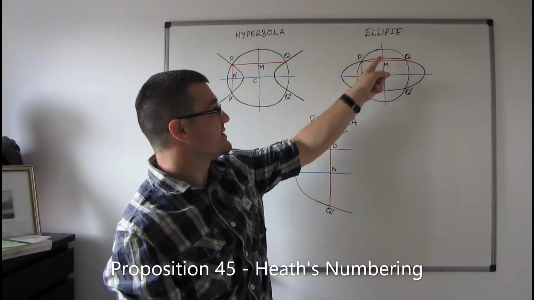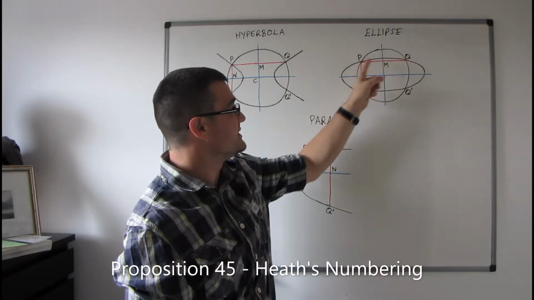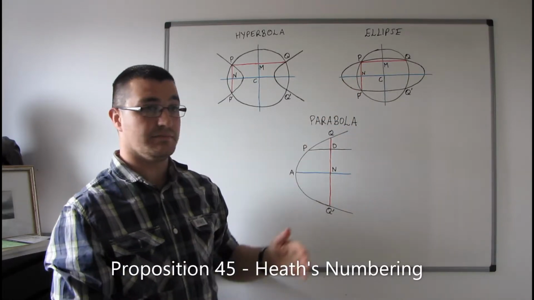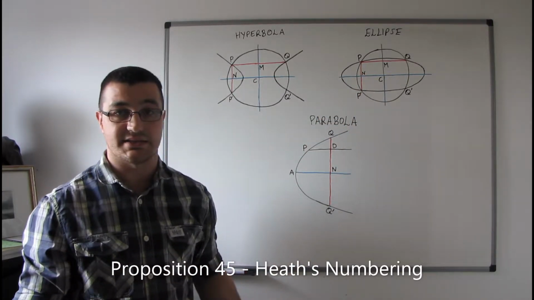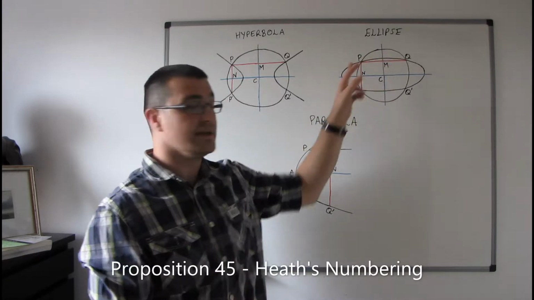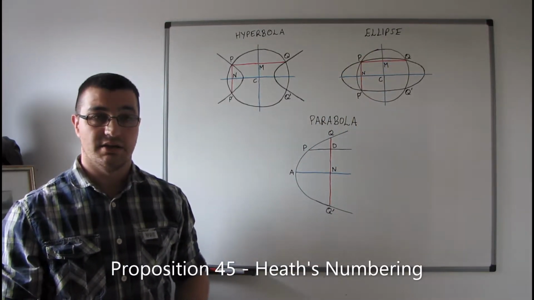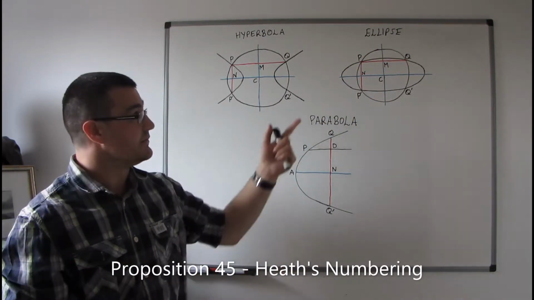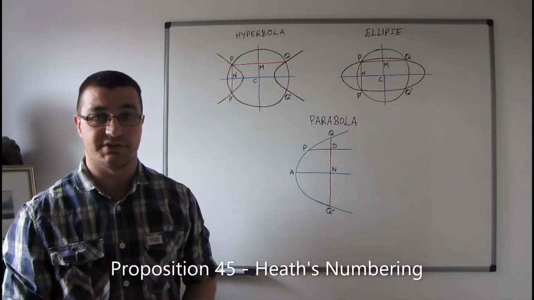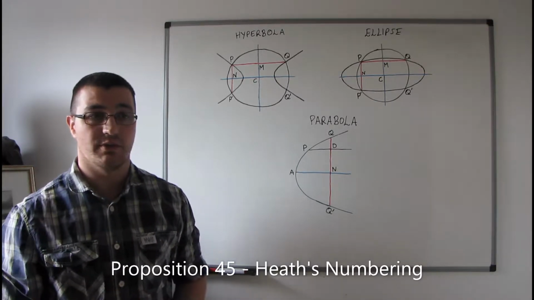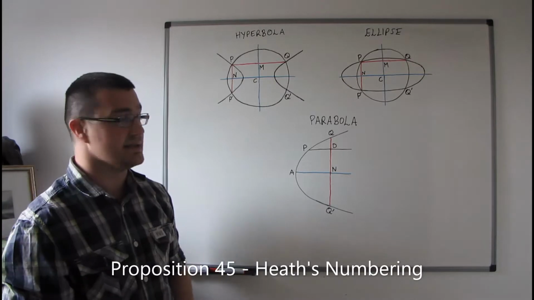But not only that, because they bisect these chords at right angles, they must be axes. So again, this is a way of finding 2 of the axes, at least, of an ellipse. Proposition 46 will address the issue as to whether there are any additional axes.